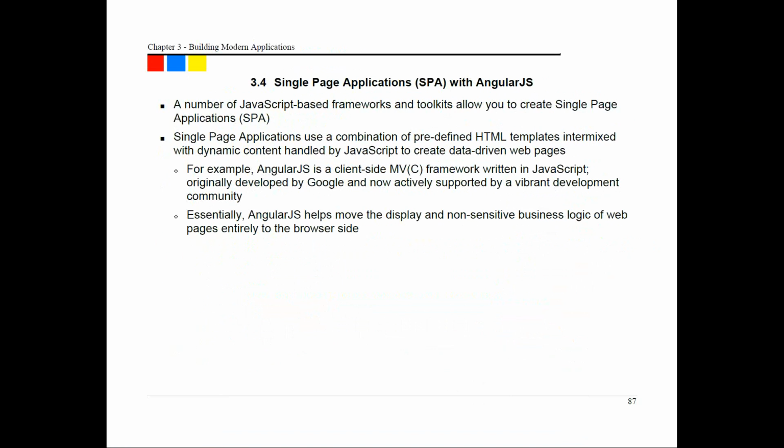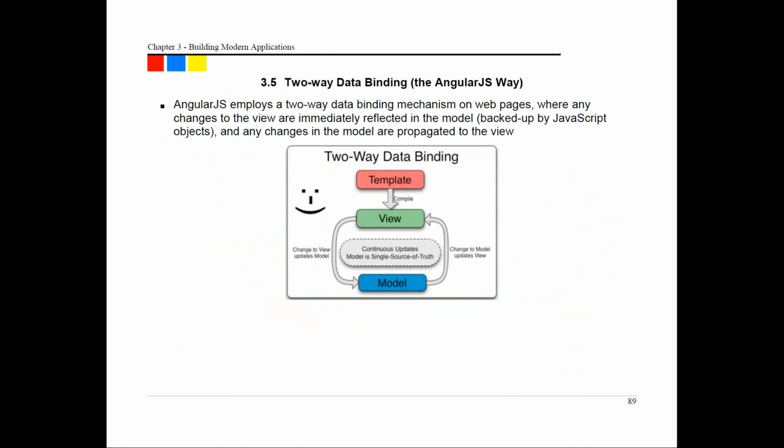So single-page applications use some HTML templates, but mostly JavaScript and libraries that are running in the browser, so that the user really is interacting with an application. It's just that to get anything done, that application has to interact with a back-end service. And this is maybe a little deep, but AngularJS uses something called two-way data binding, and really, because we're talking about architecture, I'm just going to point out that you can do some serious programming inside AngularJS.